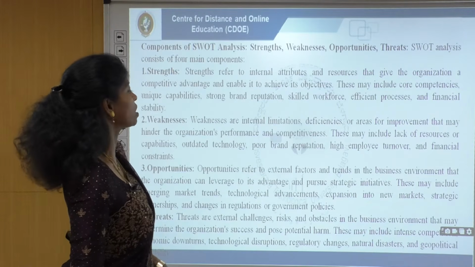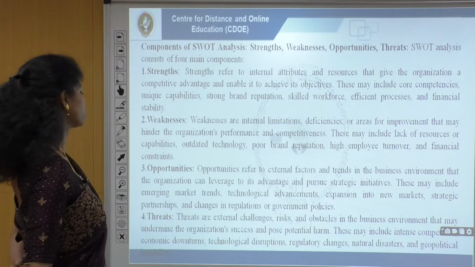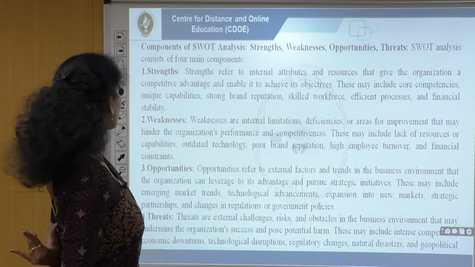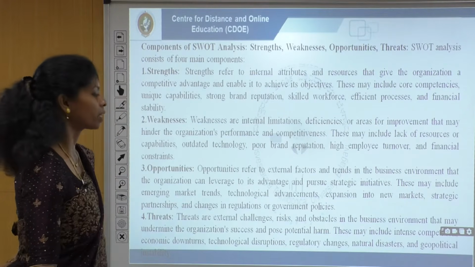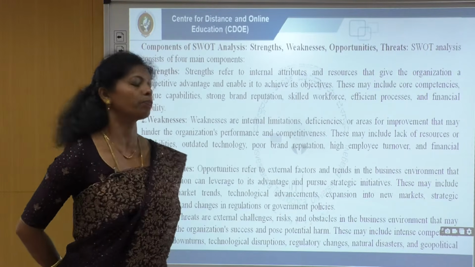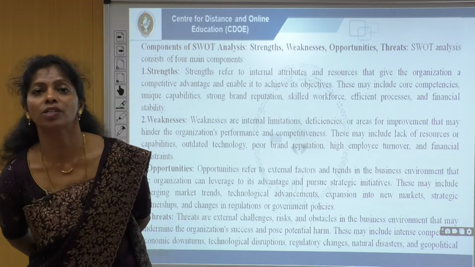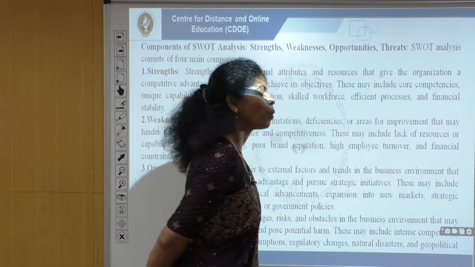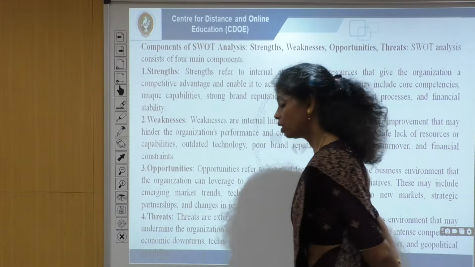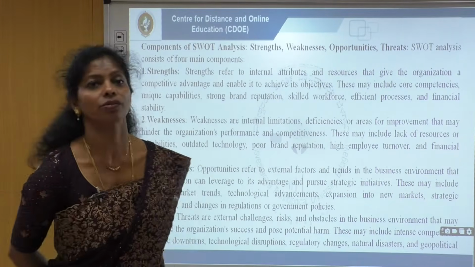Opportunities refer to external factors and trends in the business. They may include emerging market trends, technological advancement, expansion into new markets, partnerships, changes in government rules and regulations. We talk about PESTLE: political, economic, technological, legal, socio-cultural factors.